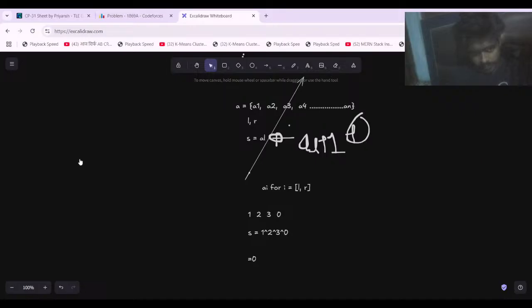So O(n squared) is allowed, O(n) is also allowed because n is like 200, and O(n log n) is also allowed. O(1) is also allowed.